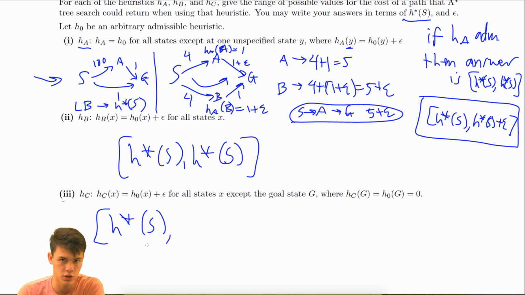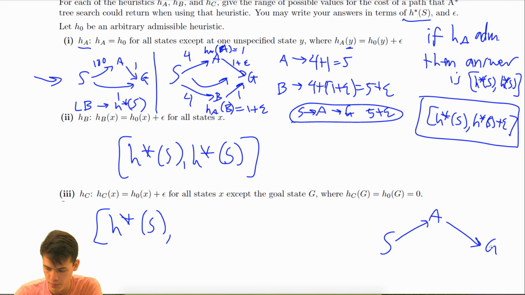So let's construct an example of exactly what that might look like. Let's again have S, go to A, go to G, and like this. Let's call this cost 3, call this cost 1, and call this cost 1. So the optimal here is actually to take the detour, to go through A, because that's cost 2.